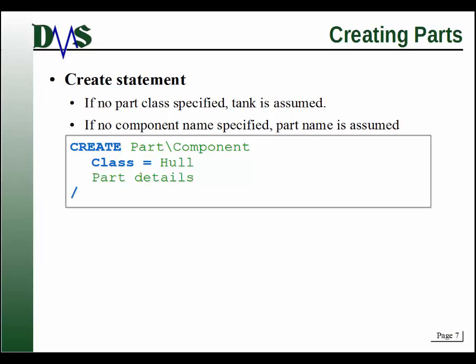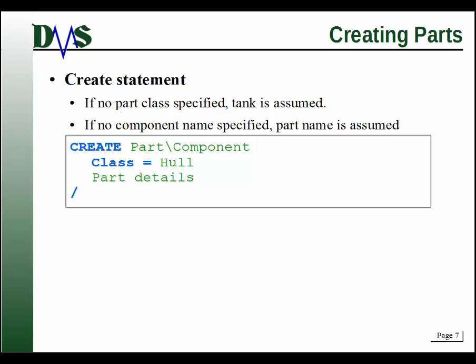Okay, now let's get on to actually how do you create parts in GHS. So remember, everything in GHS, all the model is made up of parts. You have to be able to create those parts. So you use the create statement. Now, there's a couple of catches you have to know.